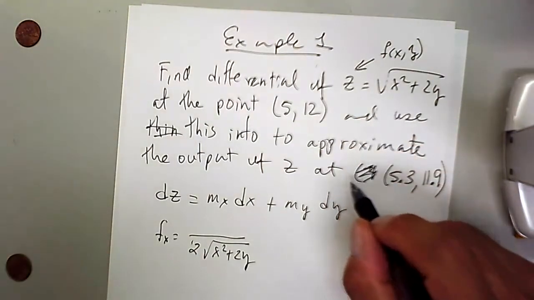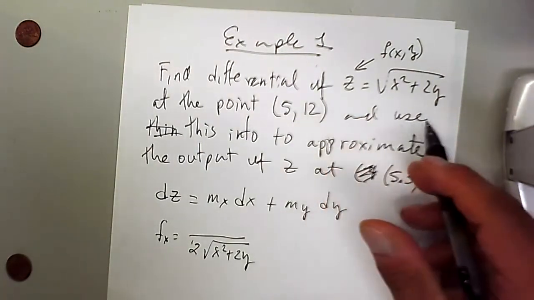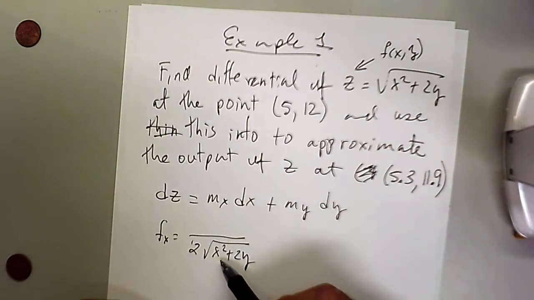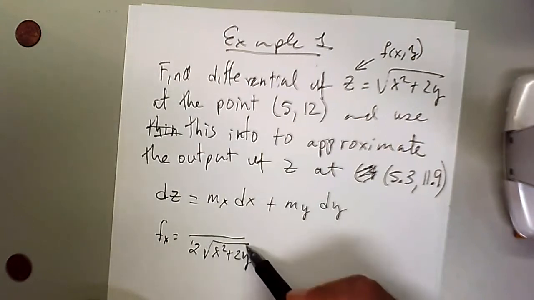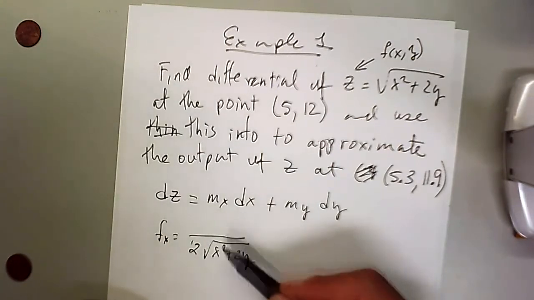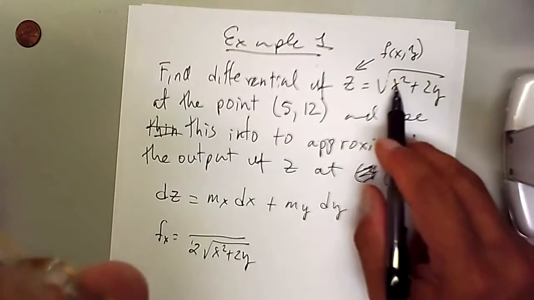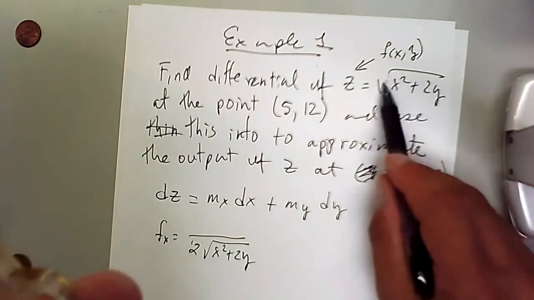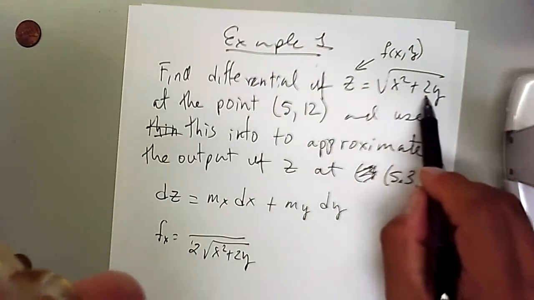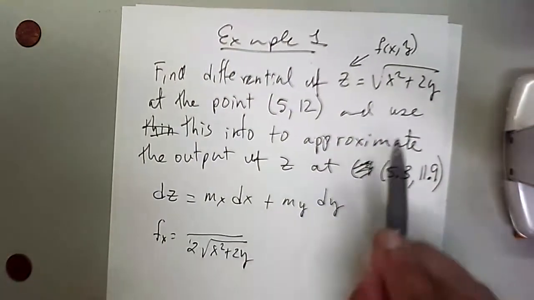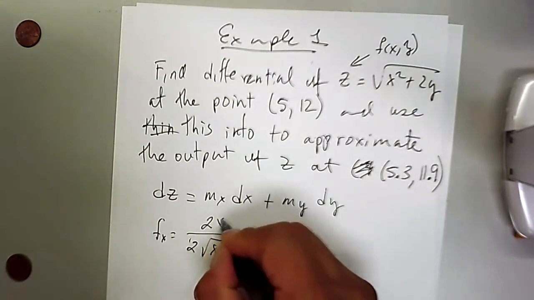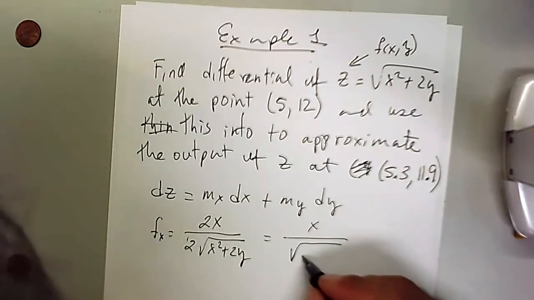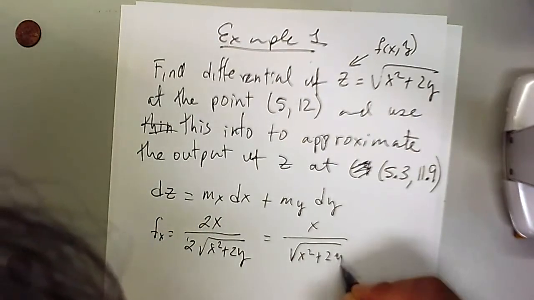And the reason is because the derivative of a quantity to the 1/2 is 1/2 times the same quantity to the -1/2. So the 1/2 again is showing up as a root, and negative means as a denominator. But then because of the chain rule, we got to multiply by the derivative of the radicand. So the derivative of x squared plus 2y with respect to x is 2x. So the two simplify, and we end up with x over square root of x squared plus 2y.